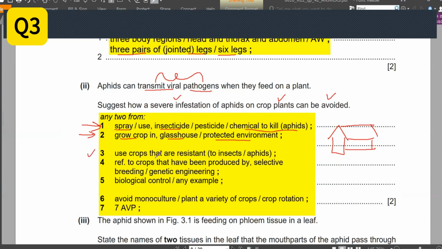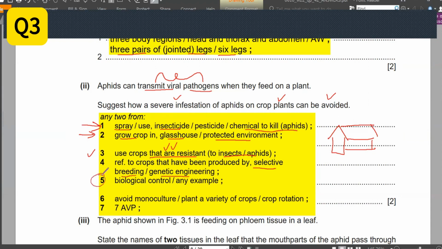Use crops that are resistant to insects or aphids. So we can use selective breeding or genetic engineering to produce the breeds of the crops that are resistant to the insects.